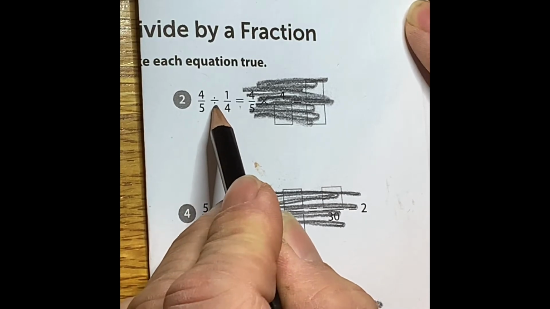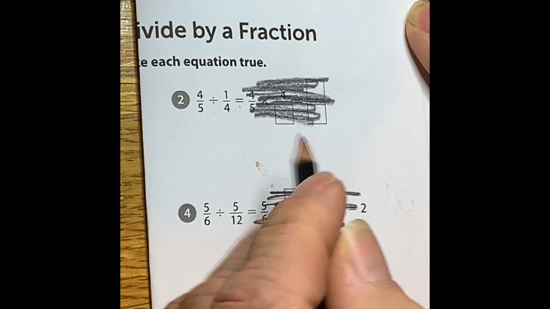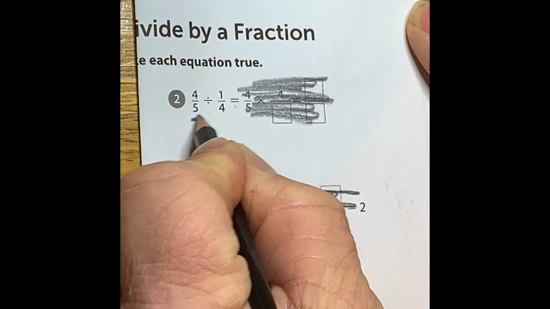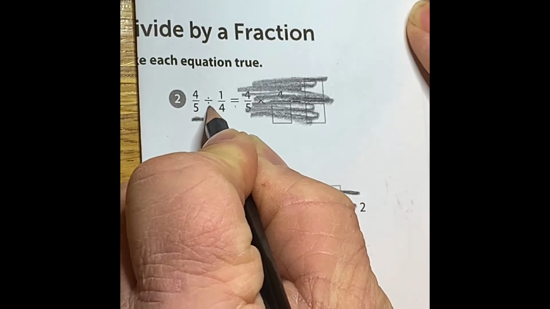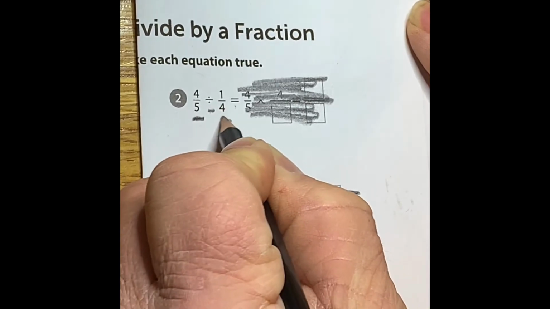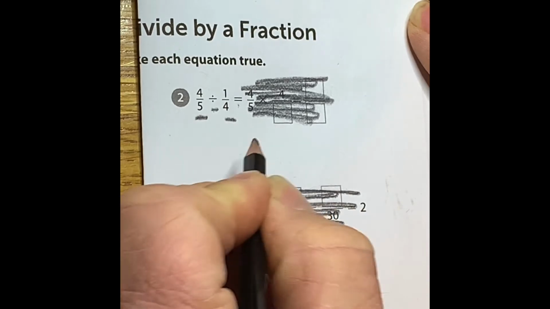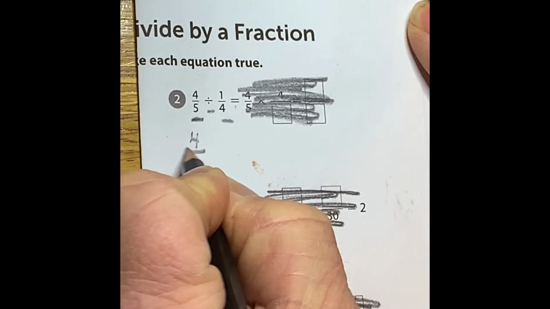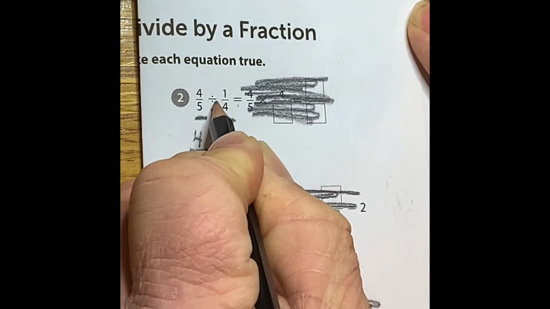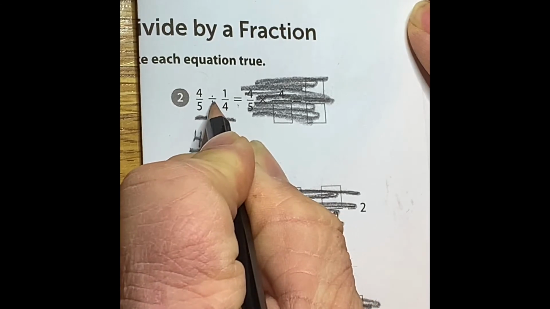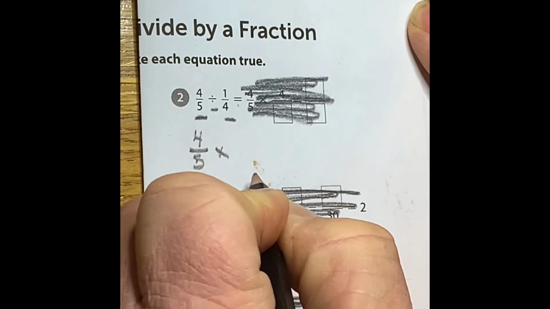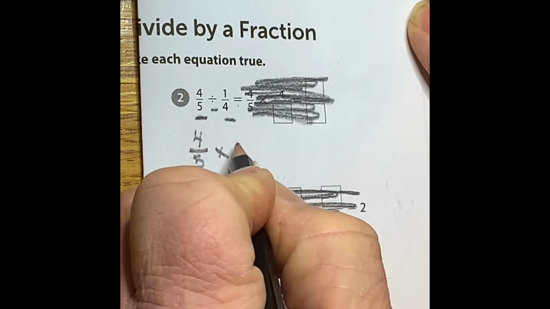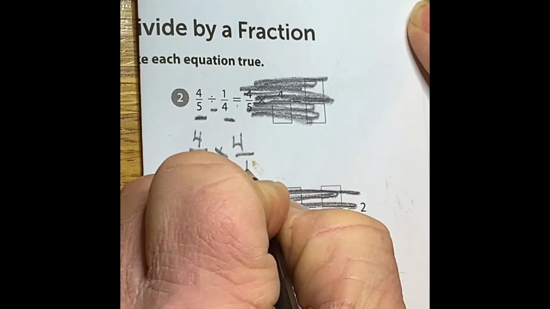4/5 divided by 1/4. We're going to keep, change, and flip. So we're going to keep 4/5. We're going to change division to multiplication. And we're going to flip 1/4 to 4/1.